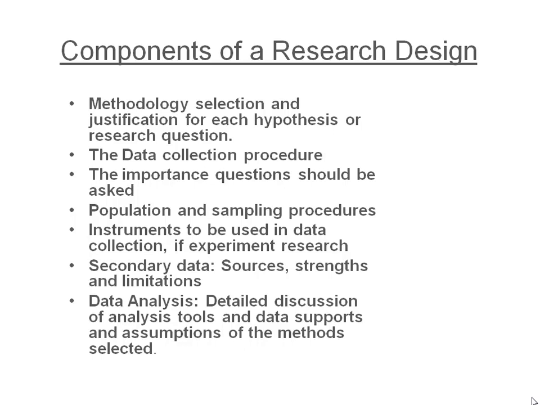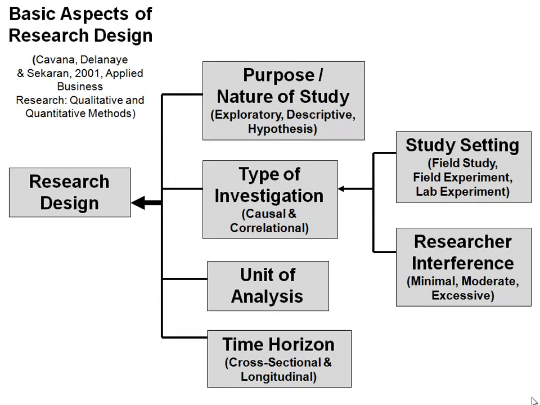The important question should be asked, population and sampling procedures, instrument to be used in data collections, secondary data if the research is going to adopt some secondary data, and also the main component of research design needs to cover data analysis. These are the aspects that normally should be covered under your research program or your research design with different focuses.